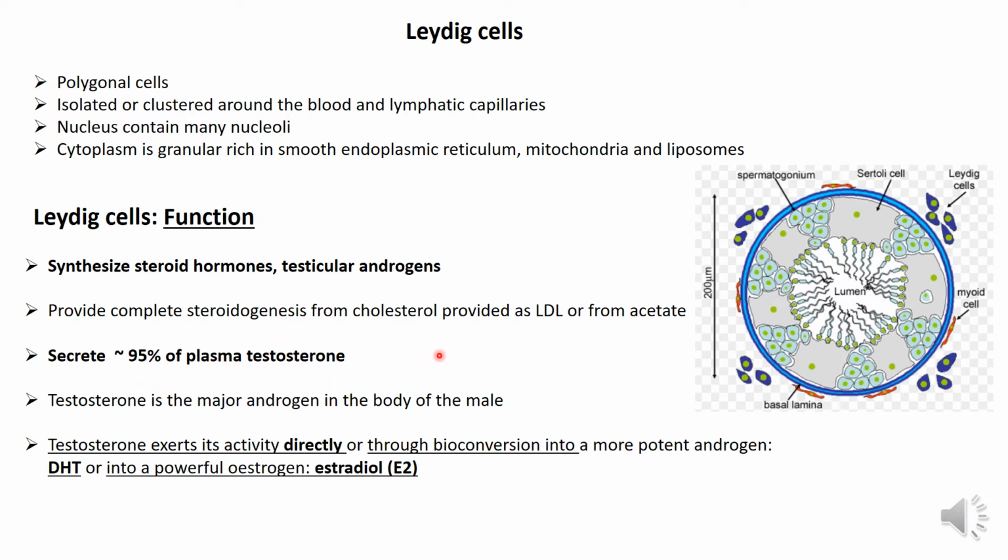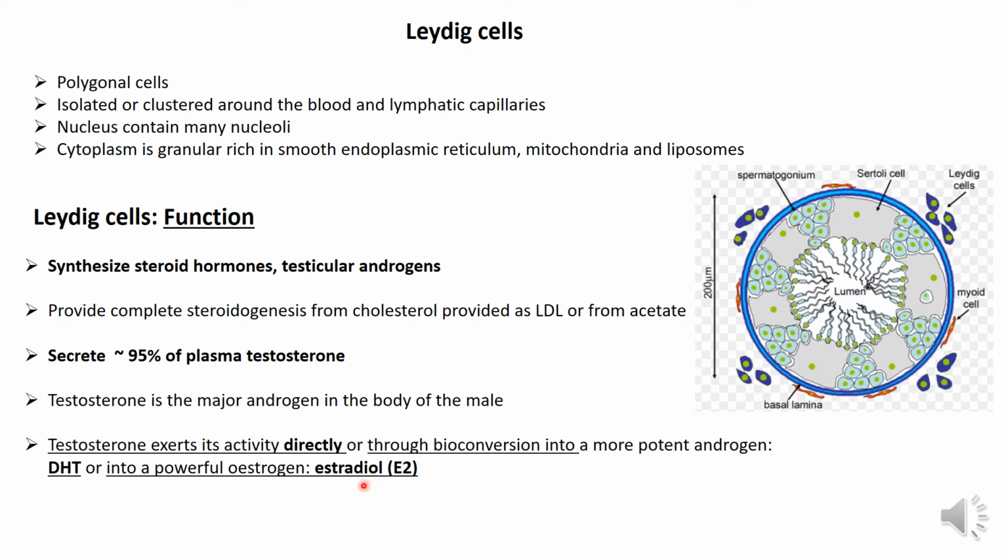And also the testosterone can exert its activity directly as testosterone, or through its bioconversion to DHT, the dihydrotestosterone, which is more potent than the testosterone itself, or it can be converted to estradiol, which is an estrogen.